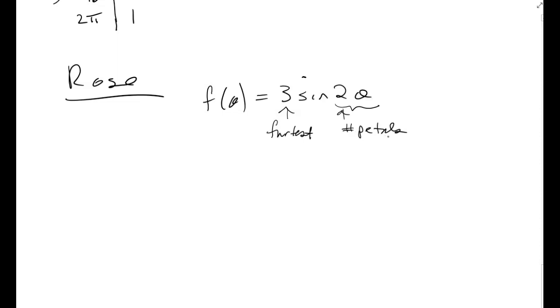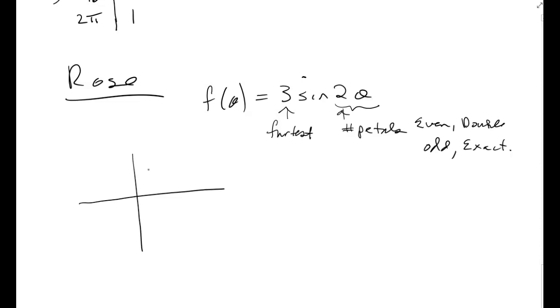And basically, if that number is even, you double it. And if it's odd, you use the exact number. So what does that mean? 3 sine of 2 theta. All right, so I need radius 1, radius 2, radius 3.